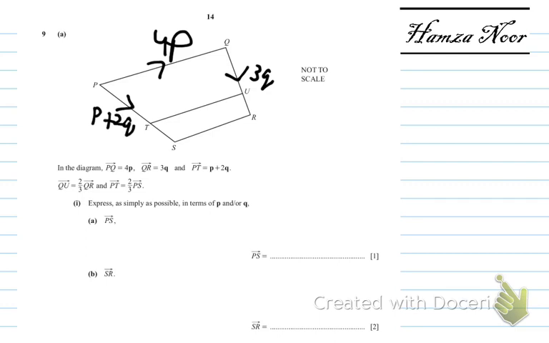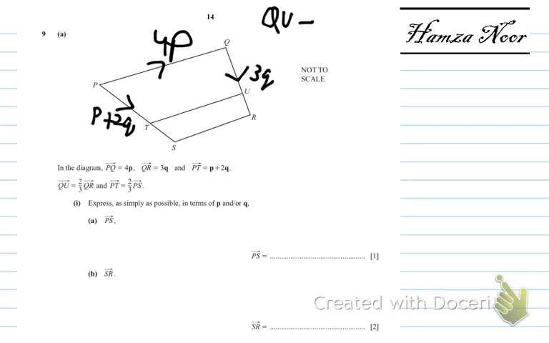QU is equal to 2/3 of QR. Alright, so this is valuable information. One of the most important things is to understand the ratios and break them into different components. What is basically QR?